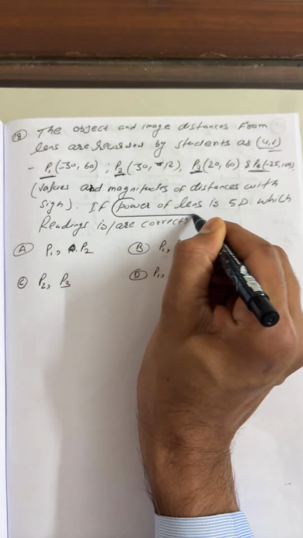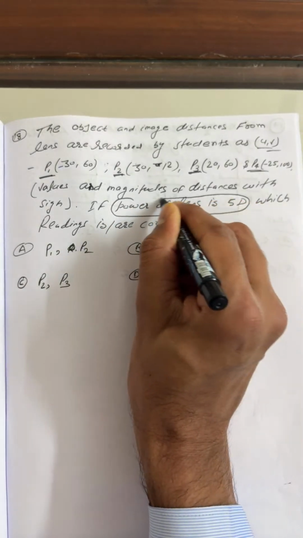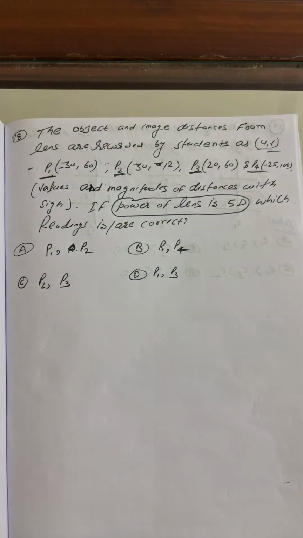In this question, the power of lens is mentioned, which is basically 5D.